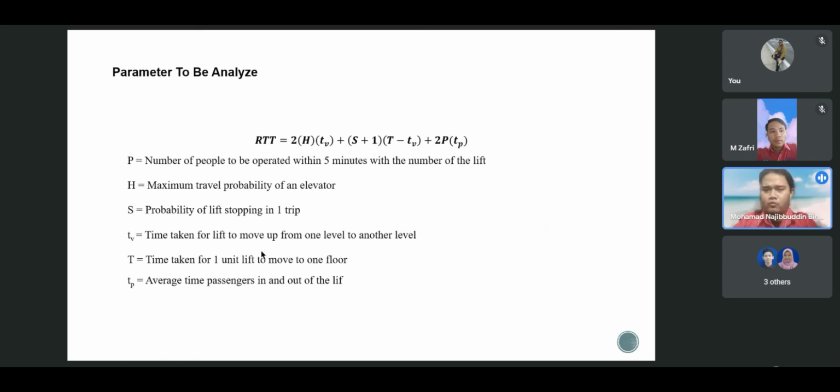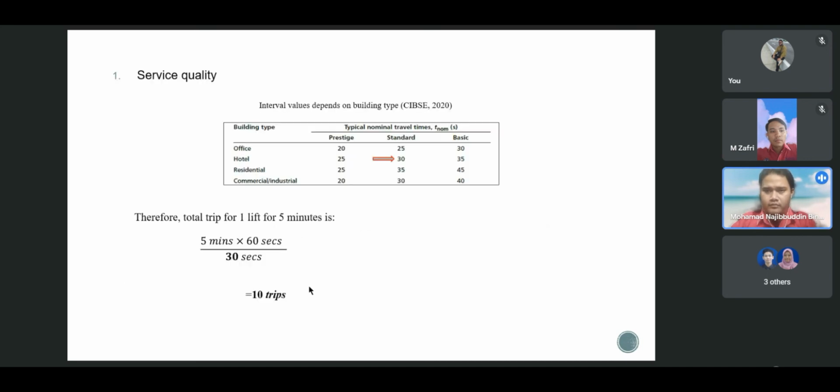T is the time taken for one unit lift to move one floor, and TP is the average time for passengers in and out of the lift. And then for the service quality, again based on CIBSE, the typical nominal travel time that we choose in this project is hotel, and hotel is the standard type.